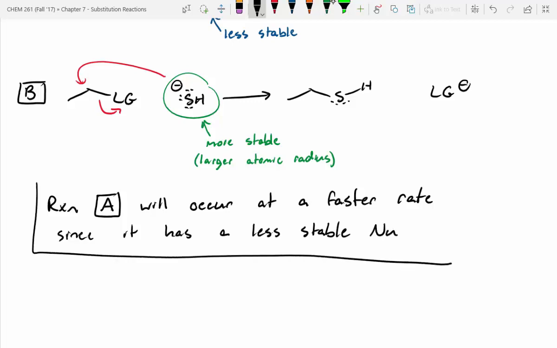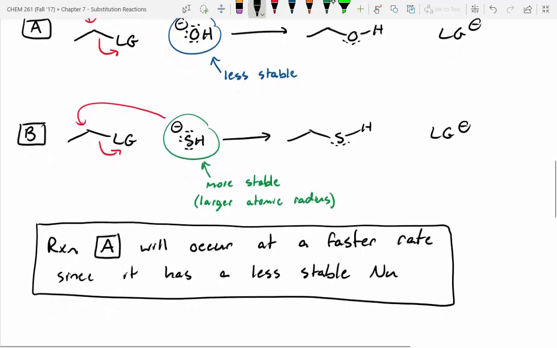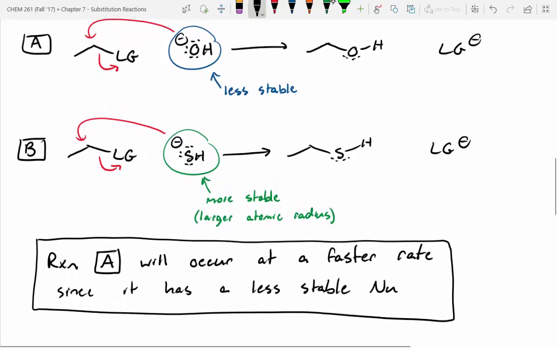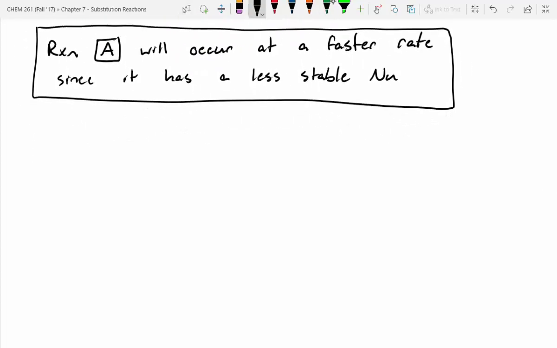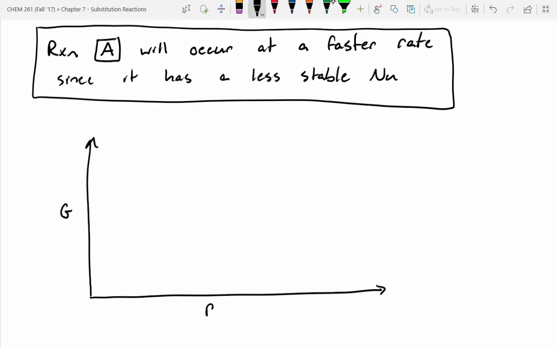Okay, and I really like to explain this using a reaction coordinate diagram. So let's take a step back and draw that reaction coordinate diagram for A versus B up here. So we're going to have two reaction pathways overlaid on the same reaction coordinate diagram. Okay, so we've got Gibbs free energy over here. We've got reaction progress.